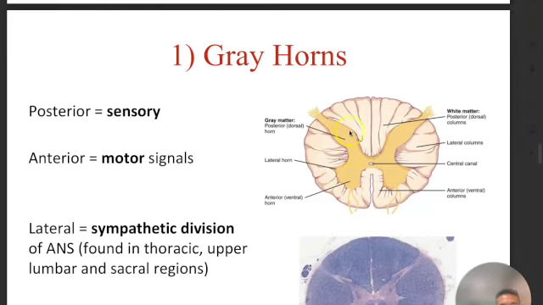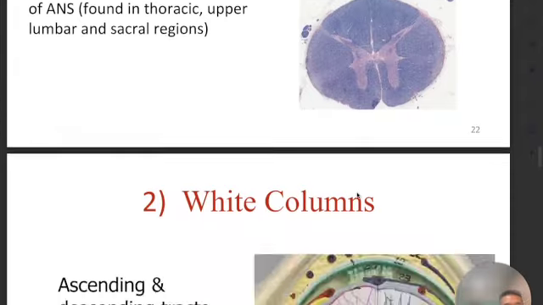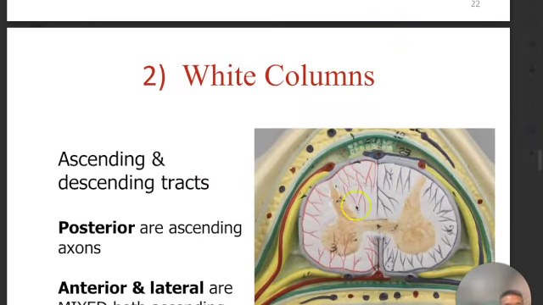So cutting out the spinal cord, this would be gray matter. It is mostly cell bodies. You guys remember? And the rest is white matter, or the white column, we call it.